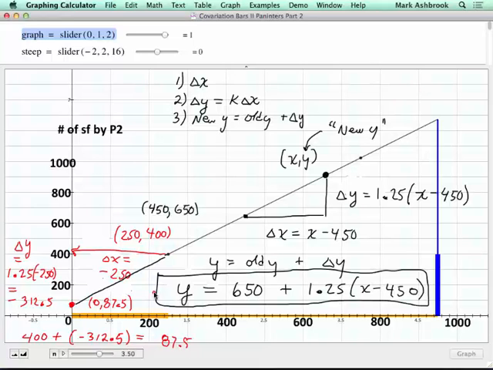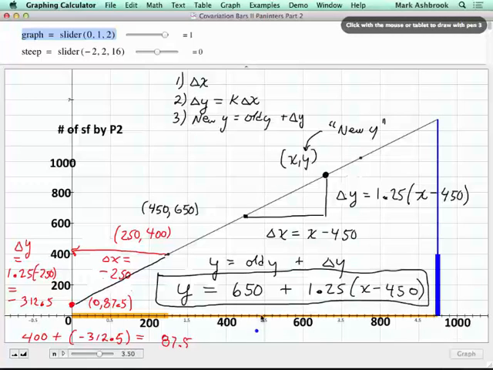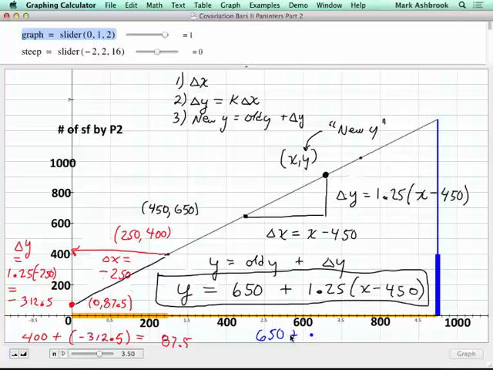Now, if we were to solve this out, take this equation right here and do the algebra: 650 plus 1.25 times x minus 450. What is 1.25 times 450? 562.5. Thank you.